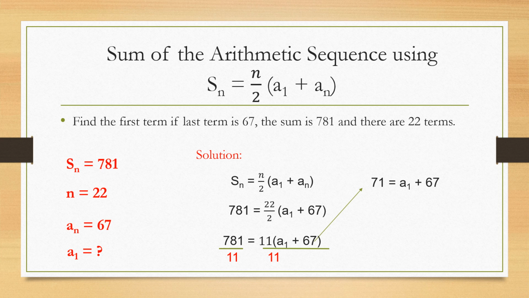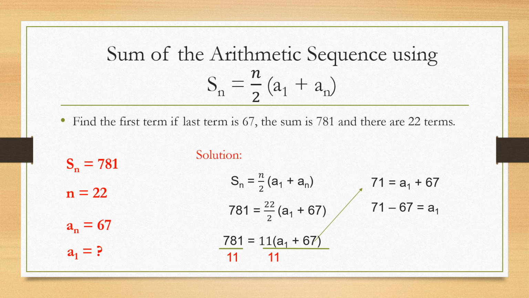And then you are going to subtract both sides by 67. So for the right side, this will be cancelled out. 67 minus 67 is cancelled out. While on the other side, 71 minus 67 is equal to a sub 1.